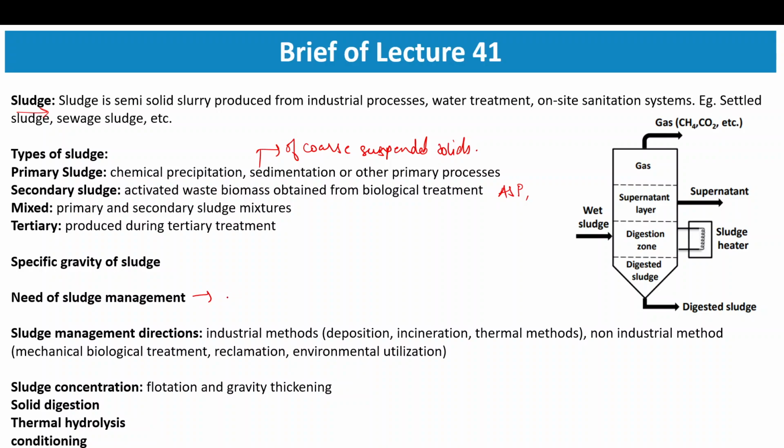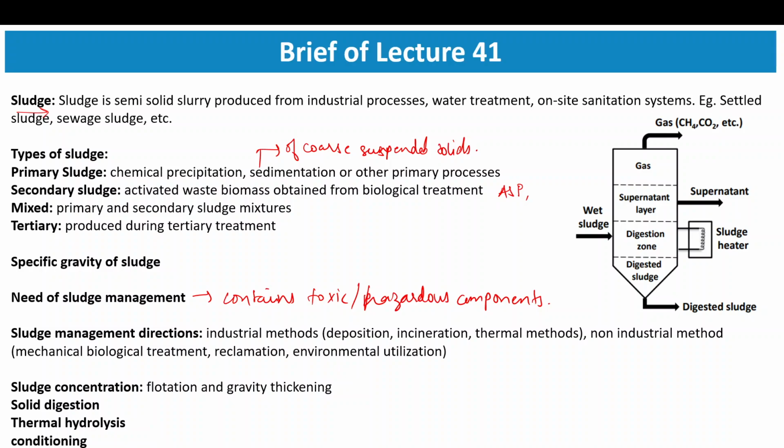Because it contains toxic or hazardous components which cannot be directly disposed, or if it enters into the environment, then it can cause some hazards. Okay, so it cannot be directly disposed to the environment.